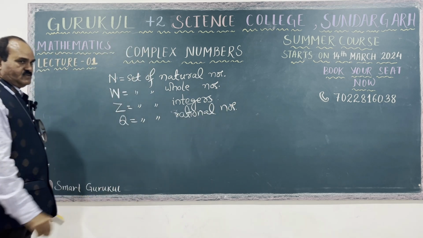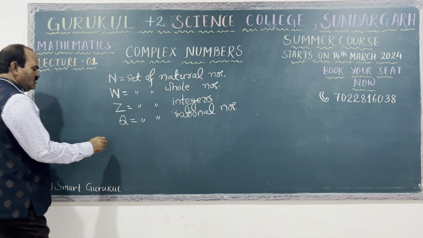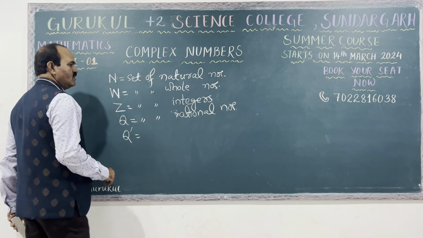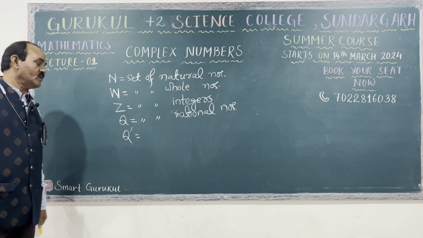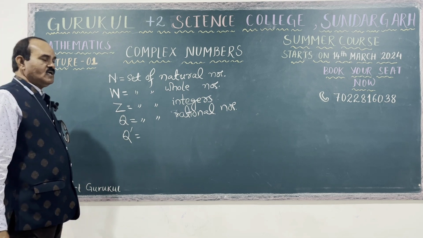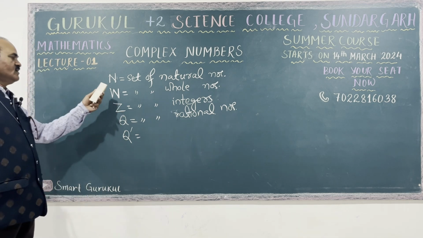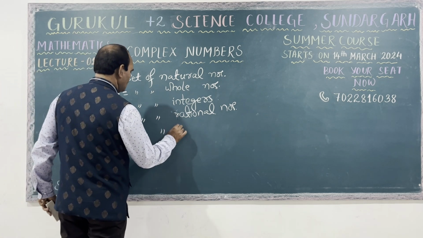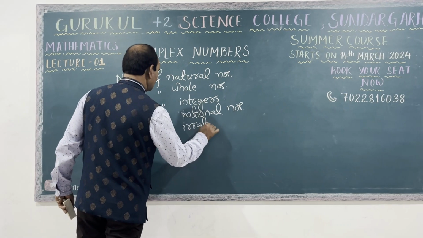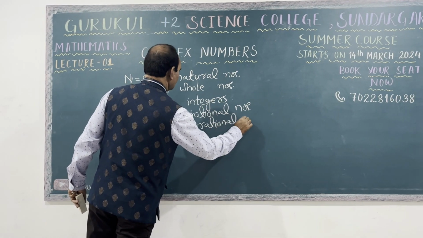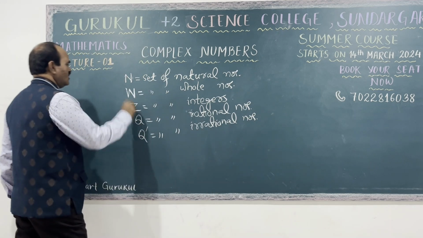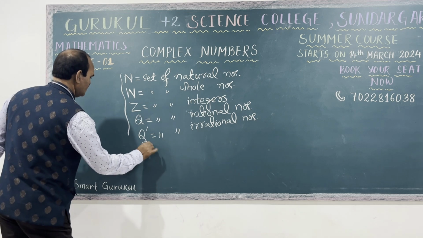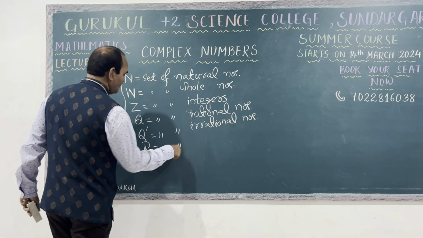Another set is Q dash, the set of irrational numbers. Q is not a subset of Q dash, but Q dash is separate. And all these sets are subsets of another large set, which is the set of real numbers.